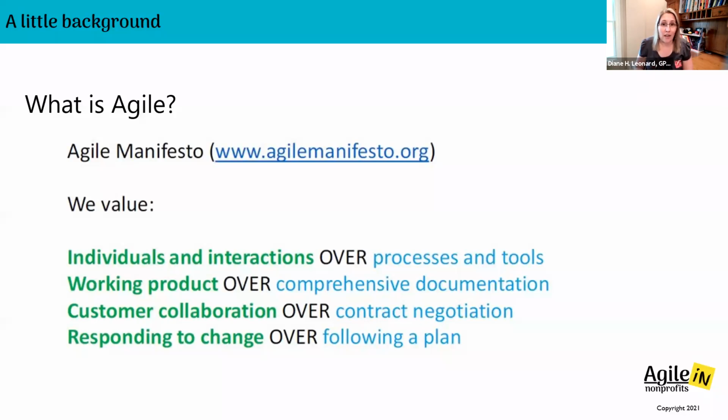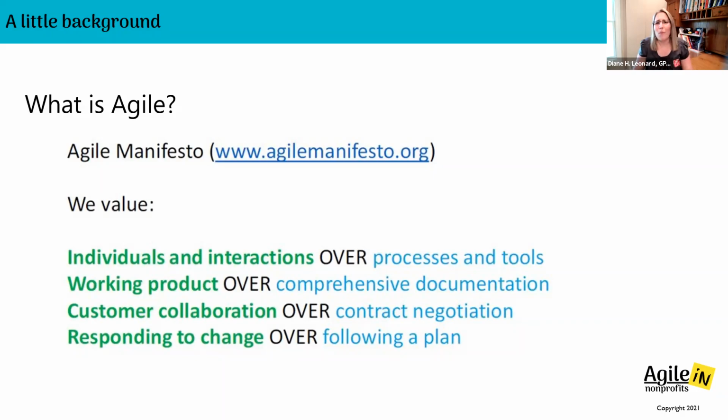That is what I think Agile is all about. As a nonprofit professional, do we have a mindset that we can respond to change as a team as we're thinking about our work versus only following the plan?